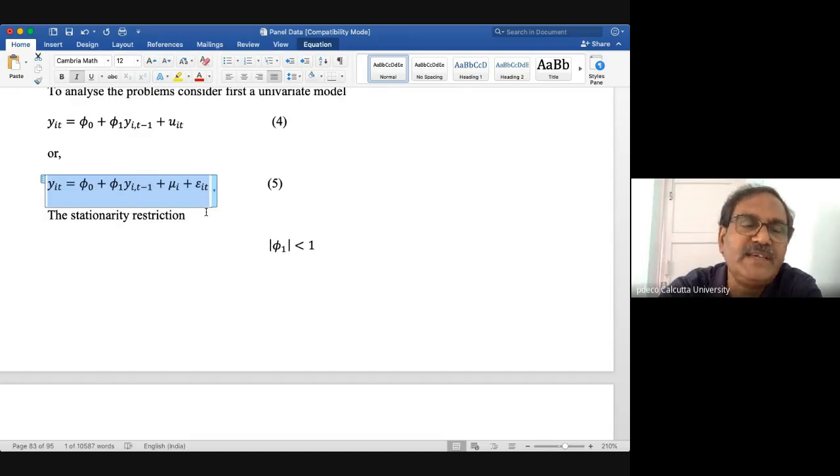Next, put the value of t equal to 2. yi2 is equal to phi naught plus phi 1 yi1 plus mu I plus epsilon I2. Have you followed my point?